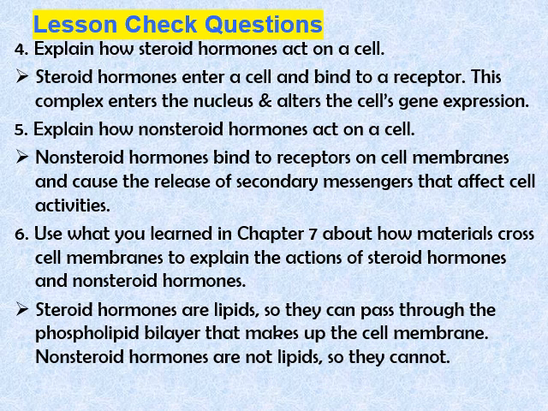The possible answer for this one can be steroid hormones are lipids, so they can pass through the phospholipid bilayer that makes up the cell surface membrane, while non-steroid hormones are not lipids, so they cannot enter the cell surface membrane.